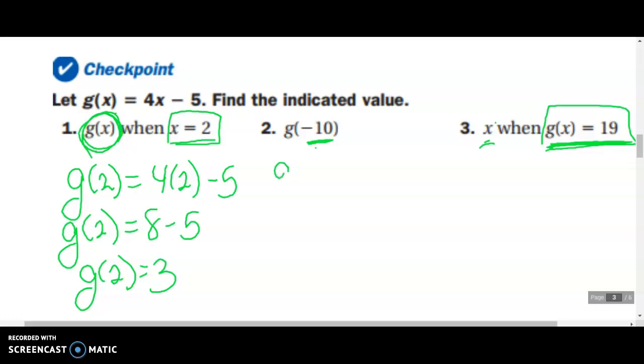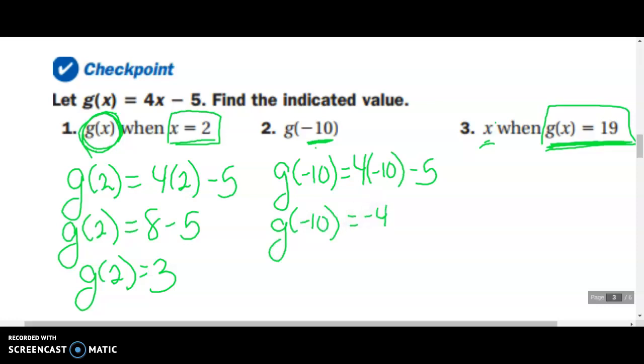Number two, we're saying g of negative 10 equals 4 times negative 10 minus 5. G of negative 10 equals negative 40 minus 5. G of negative 10 equals negative 45.